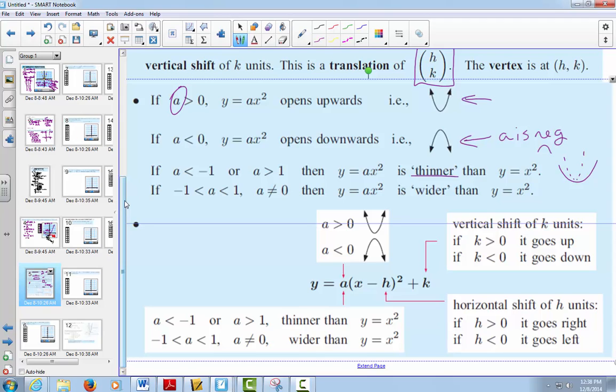There's our vertical shift, horizontal shift, and our stretch factor. Okay? And that's when we want to see our graph in this form. So that helps us see what it is. This is our vertical stretch. So it's making it thinner or wider, right here. Shifting horizontally, vertically. And we'll talk more about that in our next video.